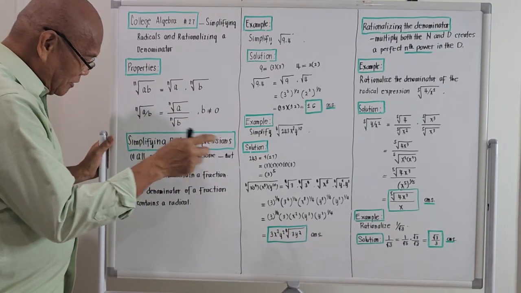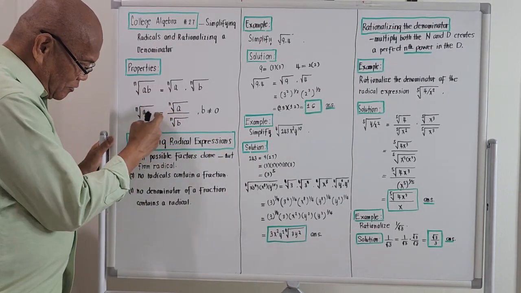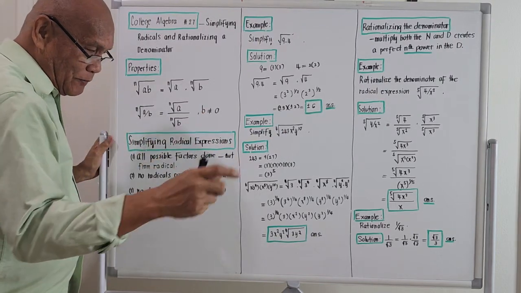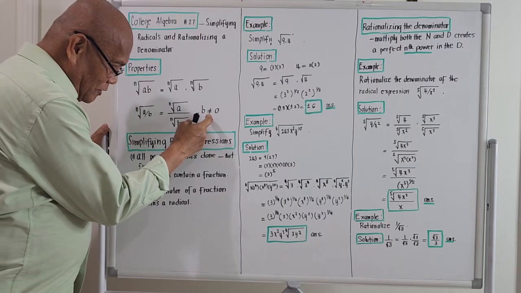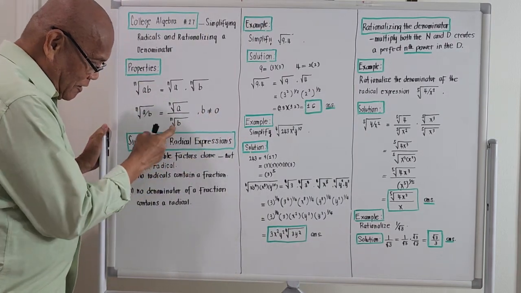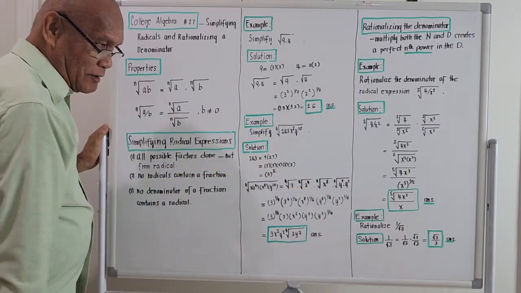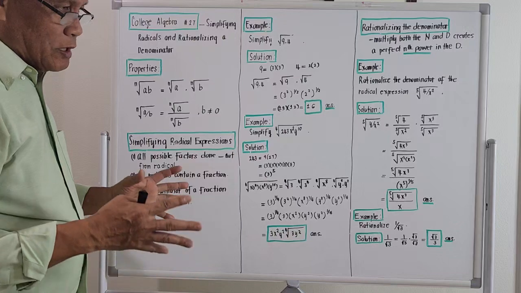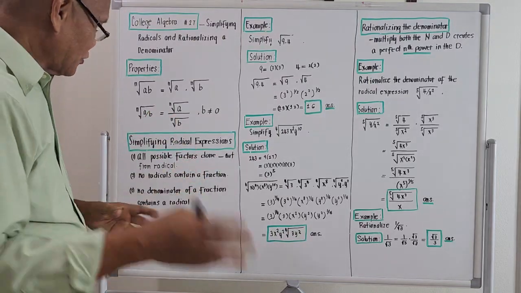The denominator radicand is B, so it should be the nth root of A all over the nth root of B, with the given condition that the radicand B should not be equal to 0, because if B is equal to 0, that's another thing. Those are the only two properties needed in the simplification of radical expressions.